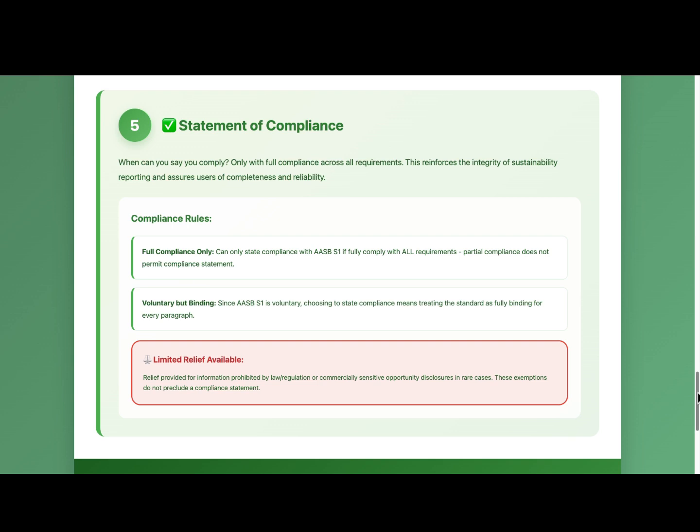We should meet all the requirements as stated by AASB S1. Partial compliance does not permit a compliance statement. Remember, it's voluntary but binding. Since AASB S1 is voluntary, choosing to state compliance means treating the standard as fully binding for every paragraph.